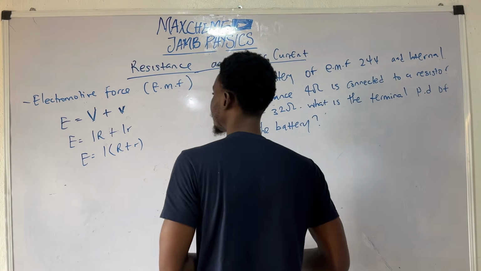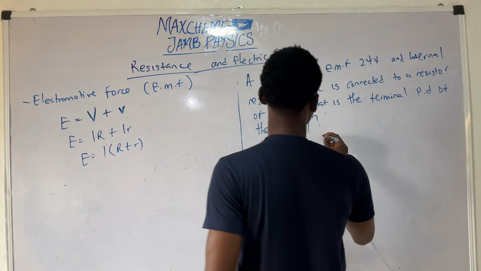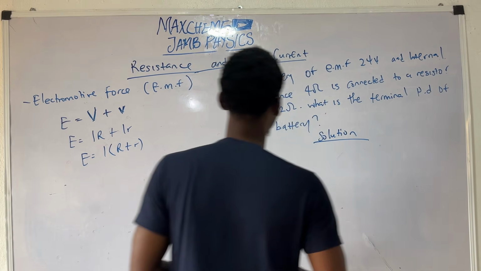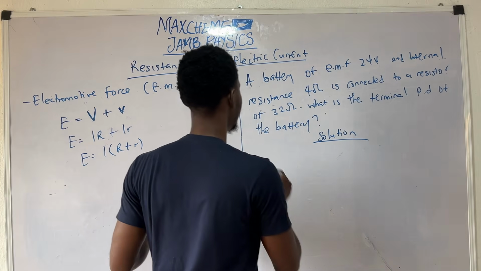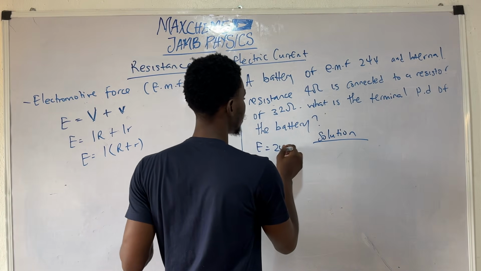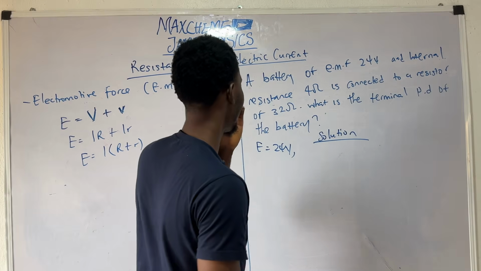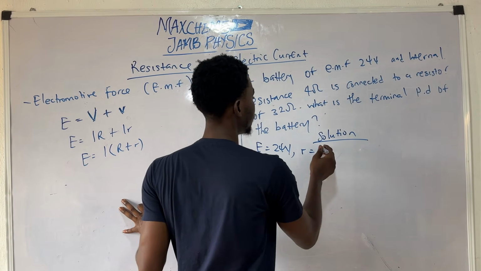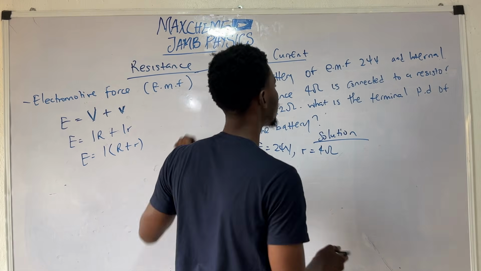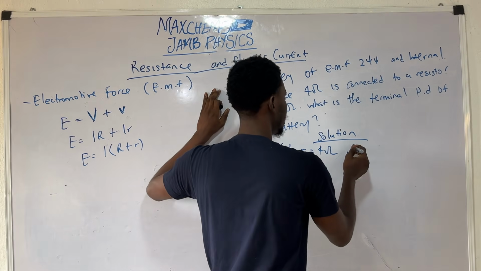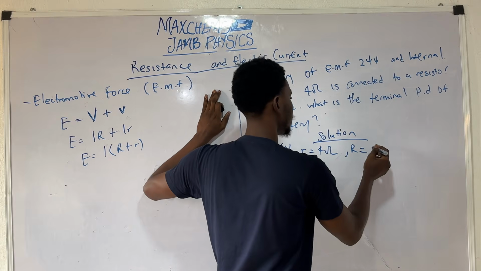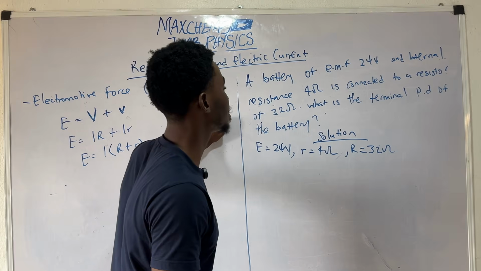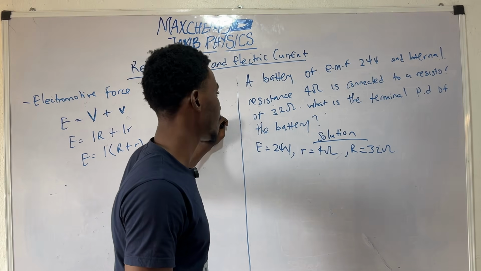So in this case, we are looking for V. A battery of EMF, so the EMF is 24 volts, and the internal resistance r is what? 4 ohms, connected to a resistor, so the big R is 32 ohms. What is the terminal potential difference of the battery?